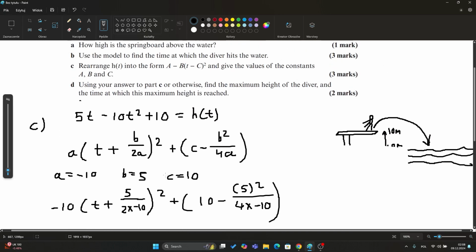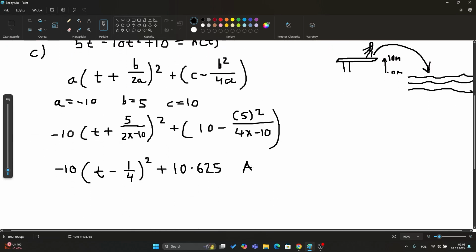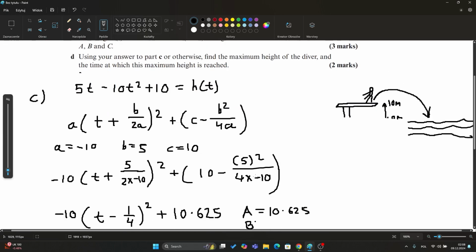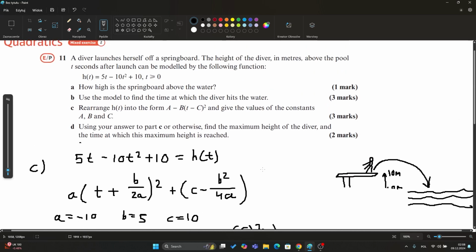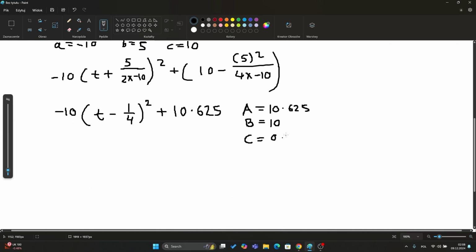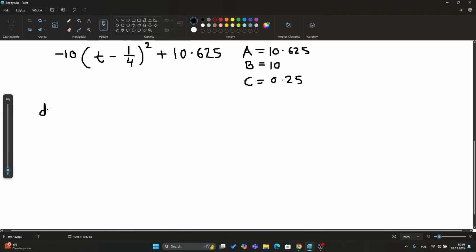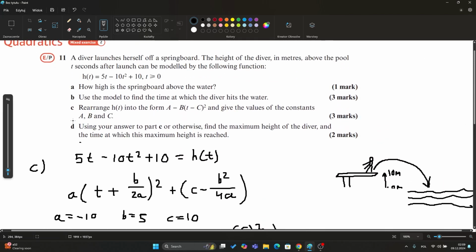And here we get a, which is 10.625, we get b, which is 10, and we get c, which is 0.25.